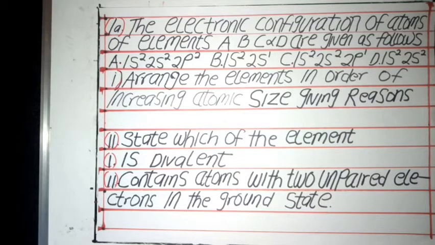And for atomic size, it decreases going across a period, but increases down the group. So you expect lithium to have the largest size compared to the other elements. Why? Because lithium is in group 1, and along that period the atomic size decreases.